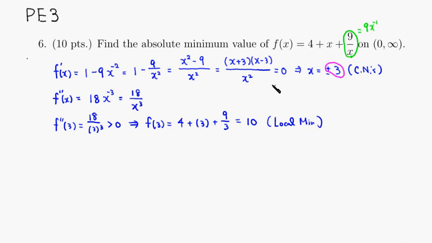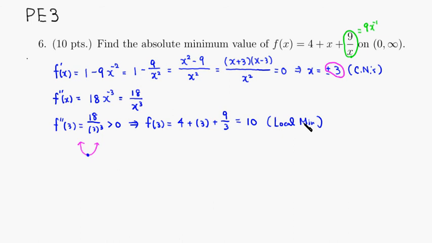The second derivative tells you about concavity, and if it's positive, we're looking at a concave up shape, so the critical number sits at the bottom of the valley, and we know this is a local minimum.